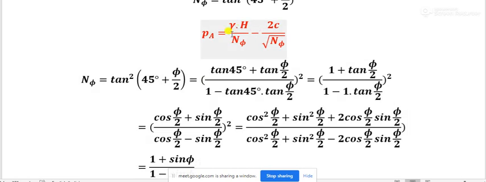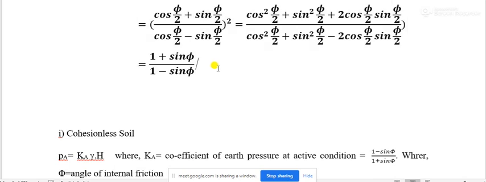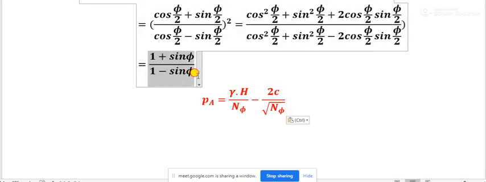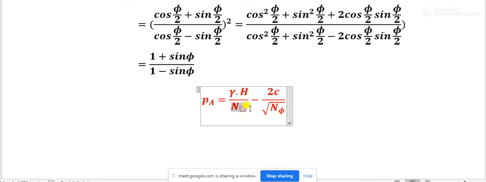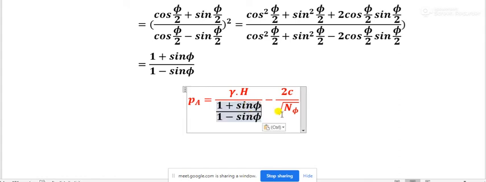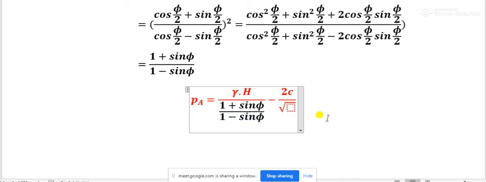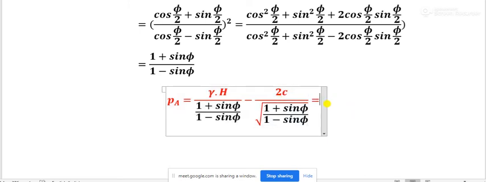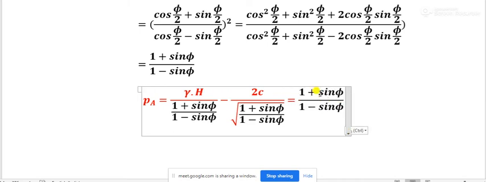Now this N phi is in denominator in each term of this equation, then you may put this one and this one. That will be like this.